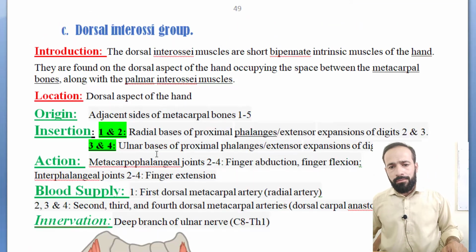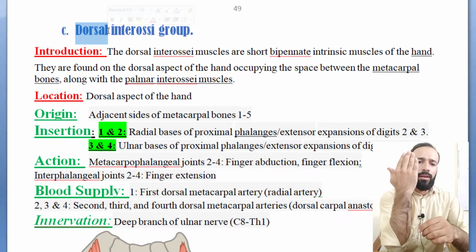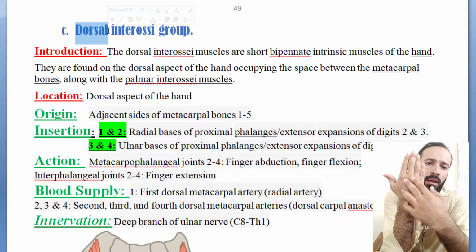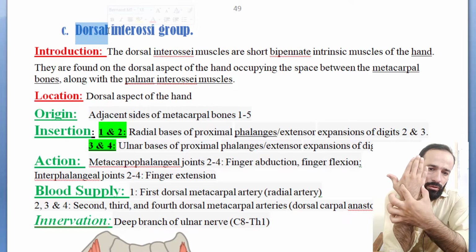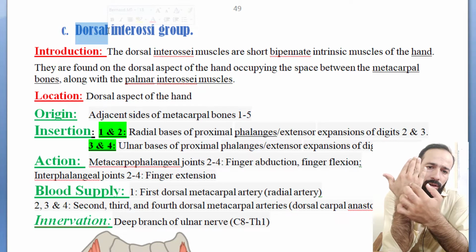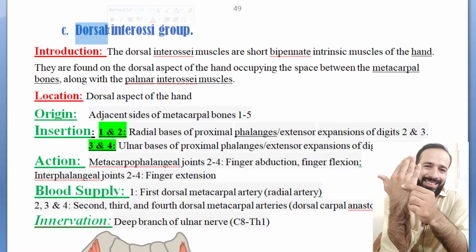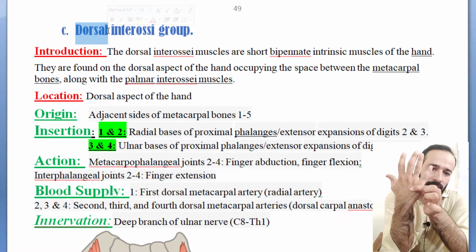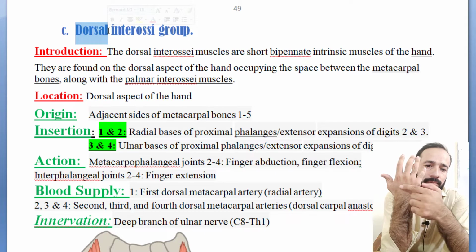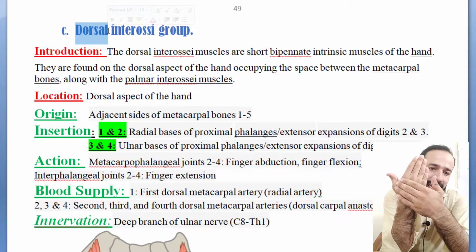Friends, in the dorsal surface of your hand, you have metacarpal bones, right? So 1, 2, 3, 4 and 5 metacarpal bones. In between these metacarpal bones, there are muscles which are called dorsal interossei on the dorsum of the hand.